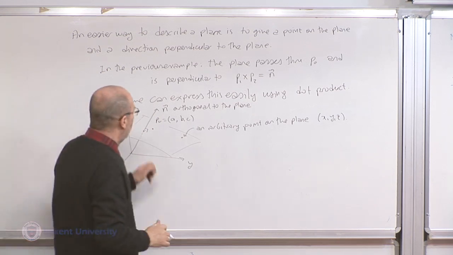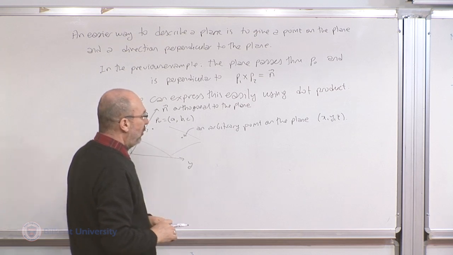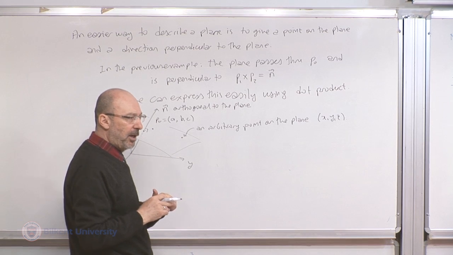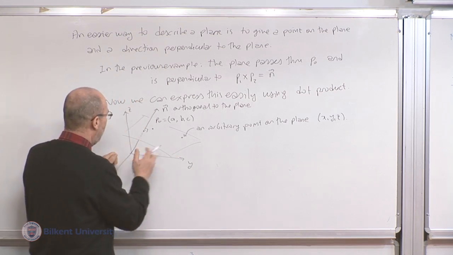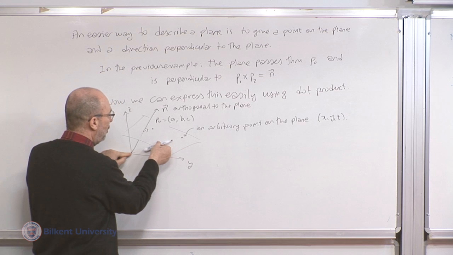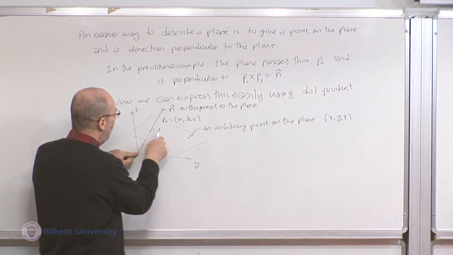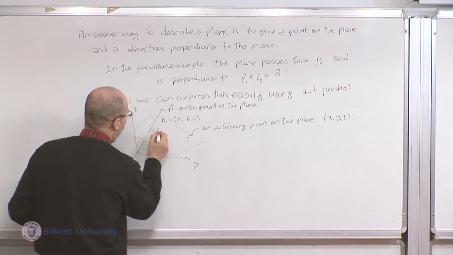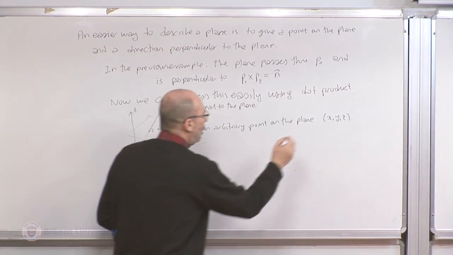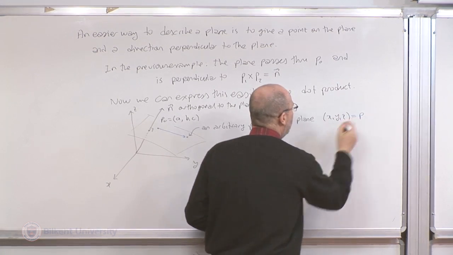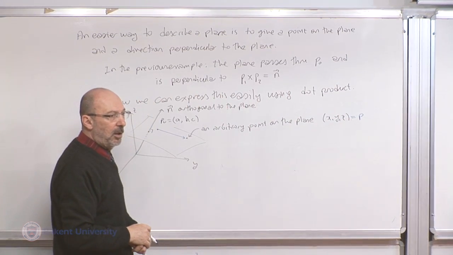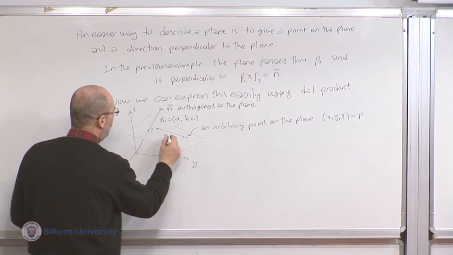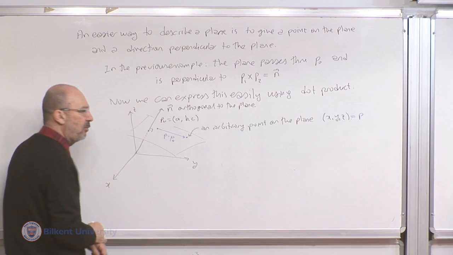Okay, so we have to find an arbitrary vector on the plane. This vector is not on the plane, but if you consider this difference, let us call this P an arbitrary point on the plane, so this is P minus P sub 0.